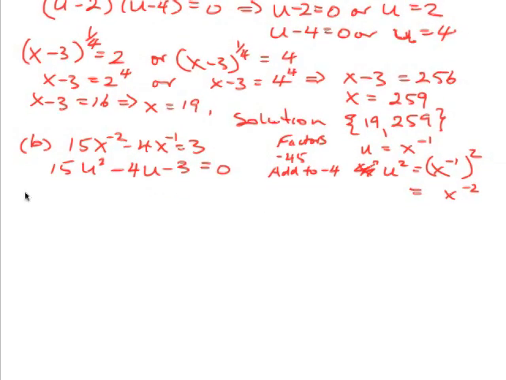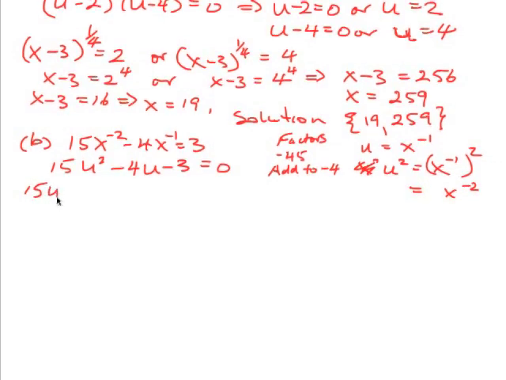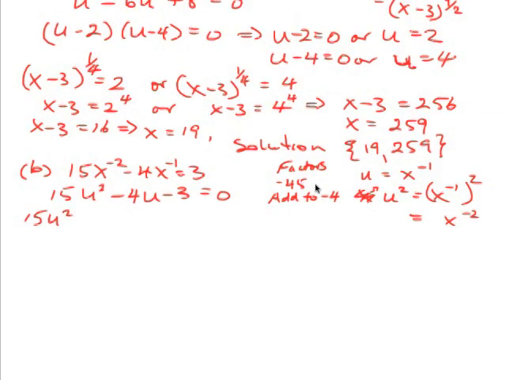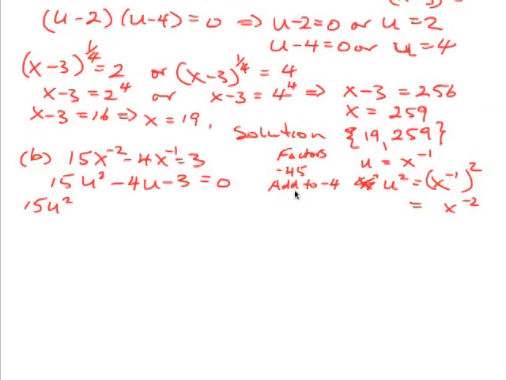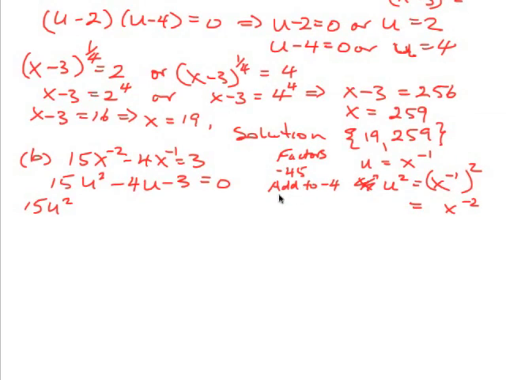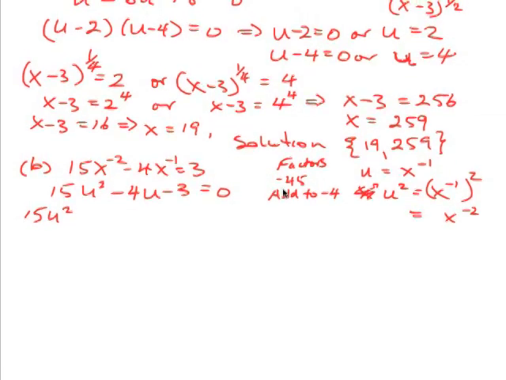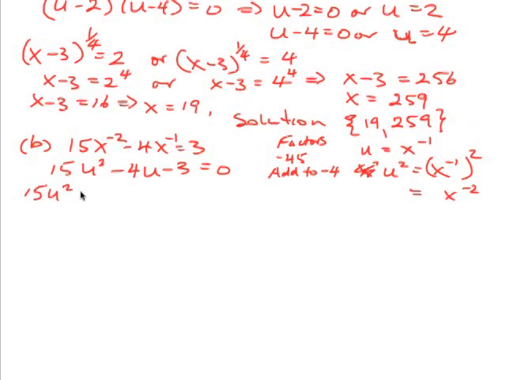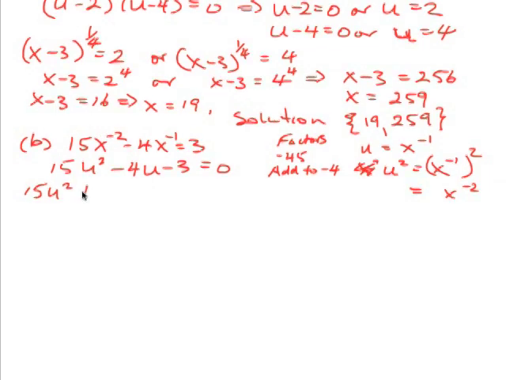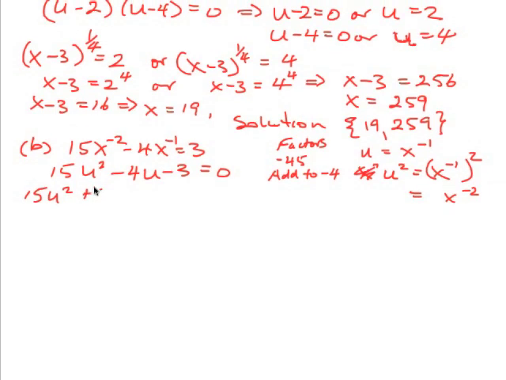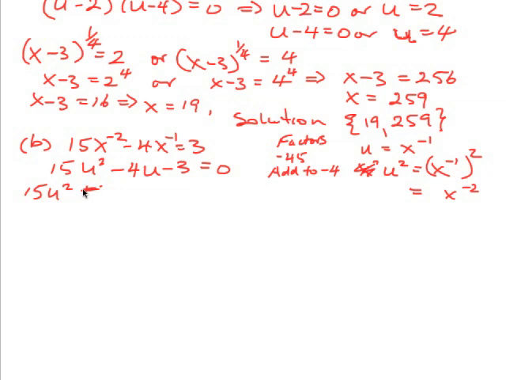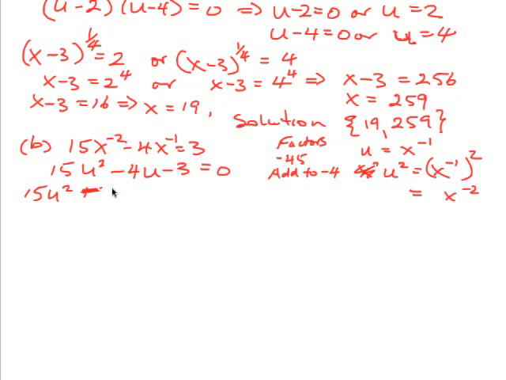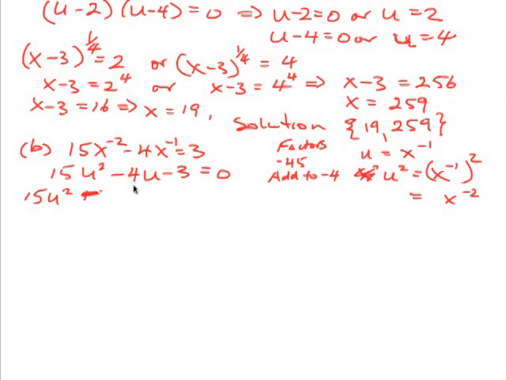So let's have a look. So let's try 15 u squared. Now we need a negative 4 here, so we need something like a 3 and something else. So 3 and 15. So let's have a look at a 3. So that would be a 5. So we need a 5.